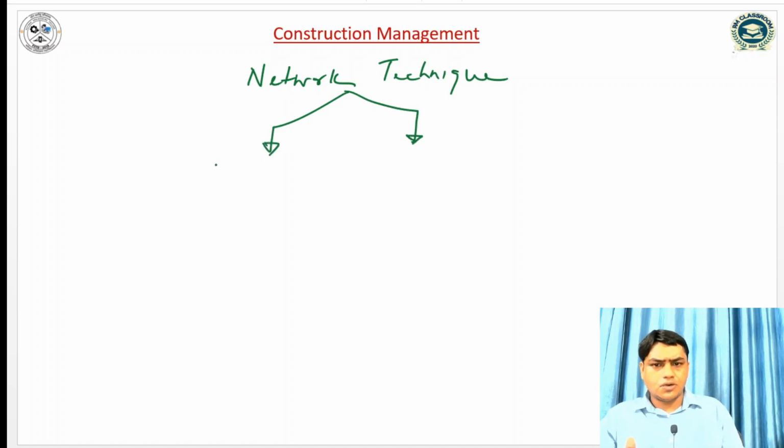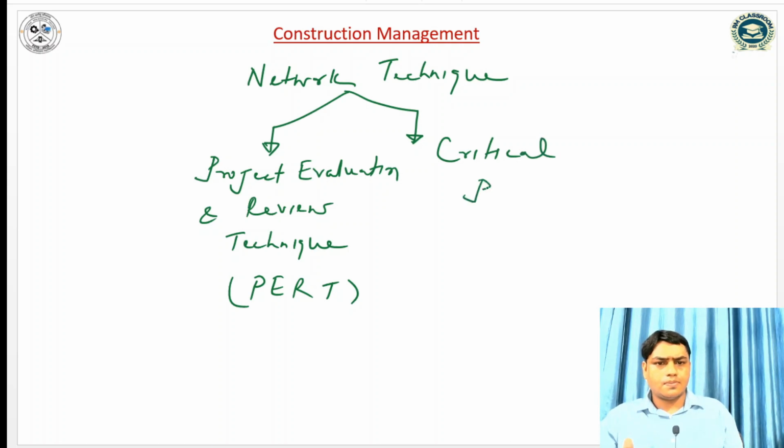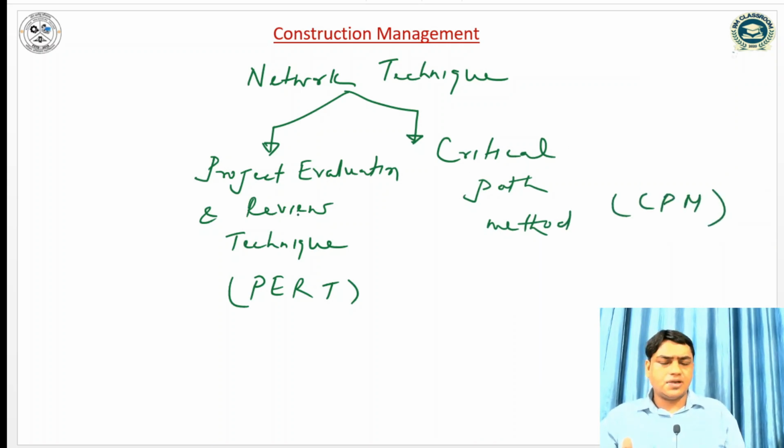The first one is called project or program evaluation and review technique, also known as PERT, and the second one is critical path method, called CPM. Firstly I will discuss the difference between the project evaluation and review technique and the critical path method.